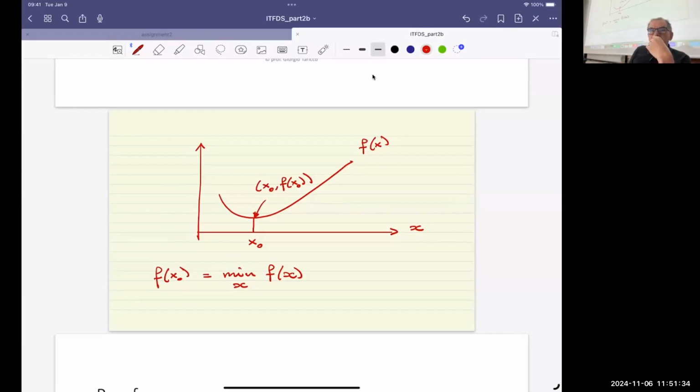Besides the minimum, we also have to give a name to the point that achieves the minimum. And that's the argument of the minimum. So x0 is called the argument of the minimum over x of f of x. In other words, the argument of the minimum is the point where the minimum is achieved.